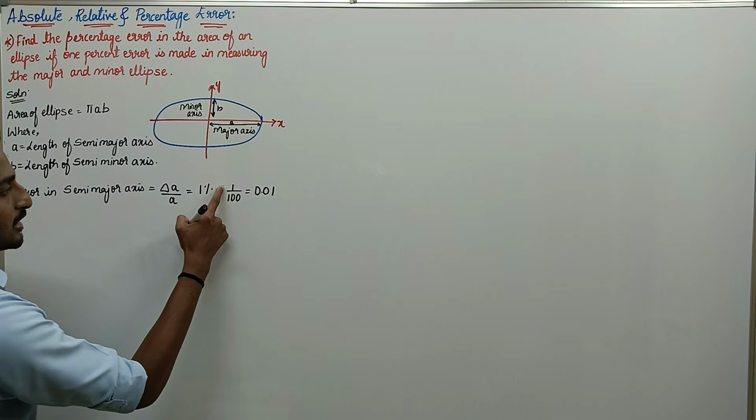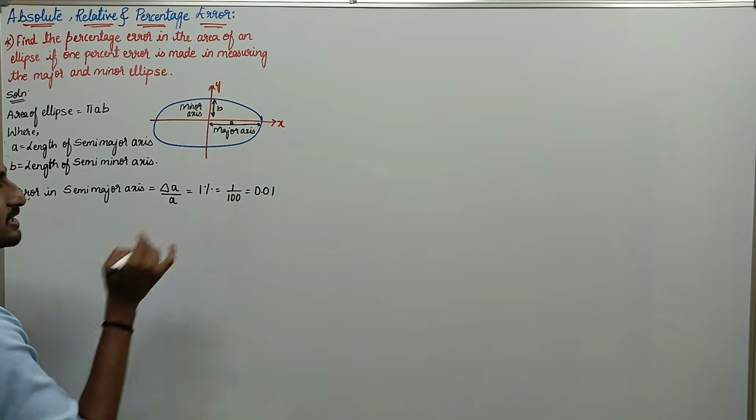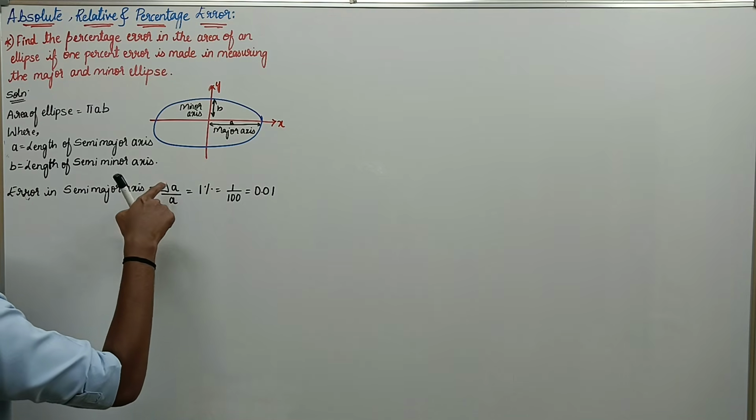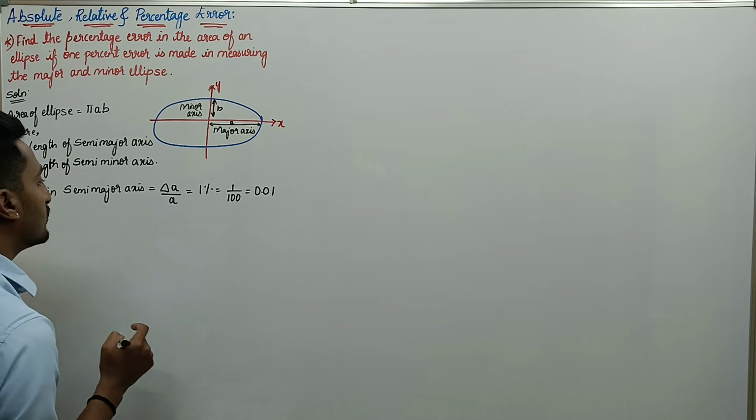The value of del A is 1, the value of A is 100. Then the relative error value is 0.01.